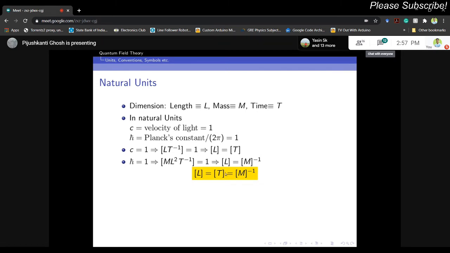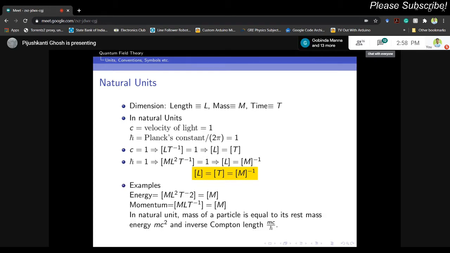So that means L and M inverse dimensions are identical. So if we summarize our results, the consequence of natural units by choosing that c is equal to 1, h bar is equal to 1 is that L, T and M inverse, they are identical.